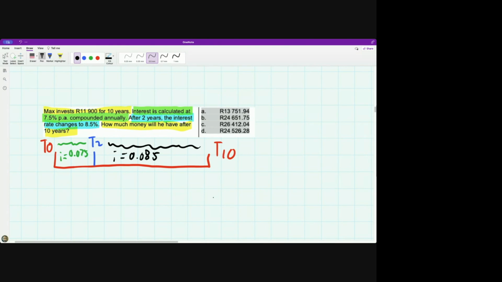But I think you can figure this out. Now, it definitely is the compound interest formula. So I'll give you that.